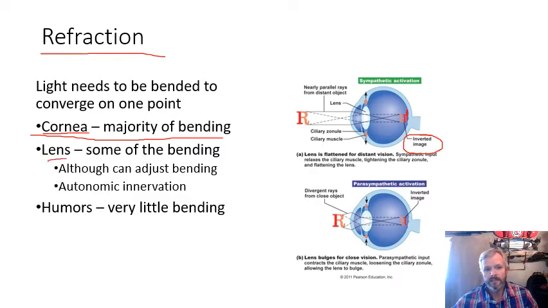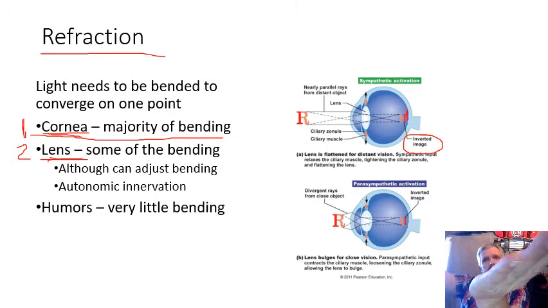The lens is where we can adjust the bending. The cornea is number one, the most bending. Number two is the lens. The cornea we cannot adjust, but the lens we can adjust, depending on where the light waves are coming from. When we're looking at something afar, the light waves are coming in here, and we don't have to bend as much.